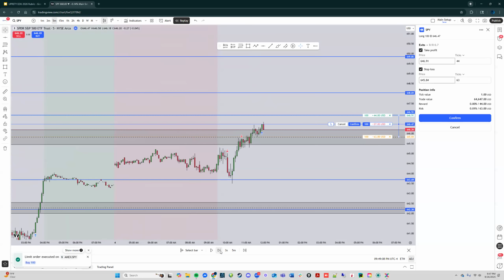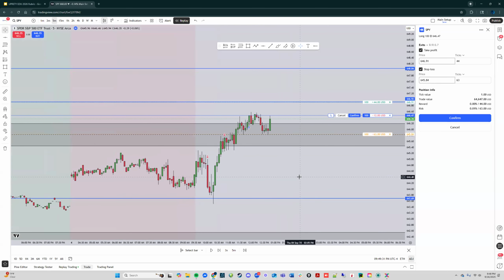Once again, we're not worried about risk reward and stuff like that right now. We're not focused on that. We're mainly just focused on our execution on this trade. Woo, Pravinda, you got very lucky.